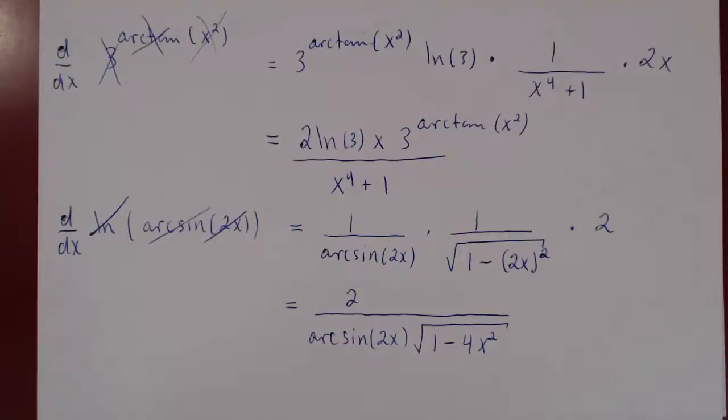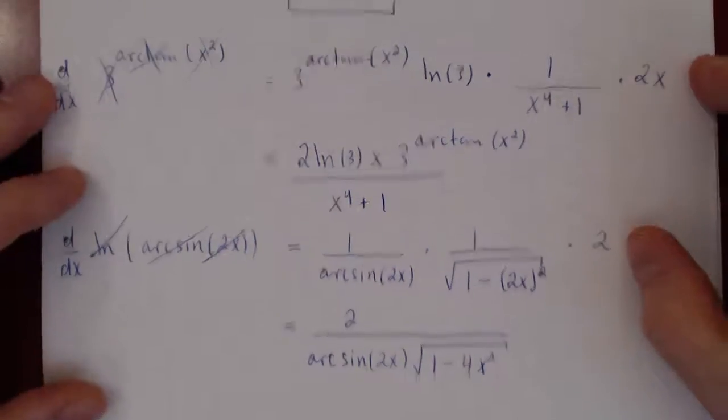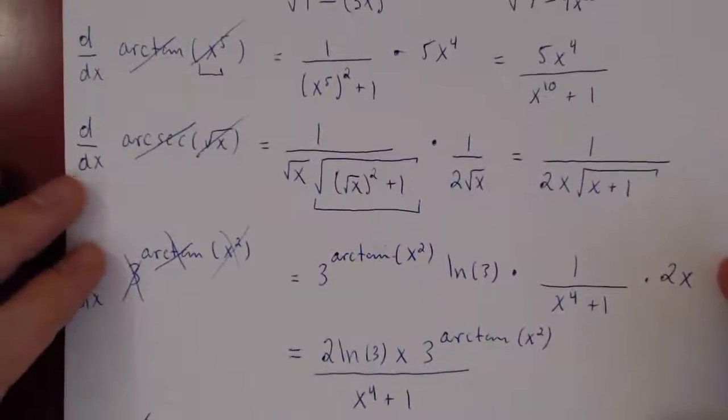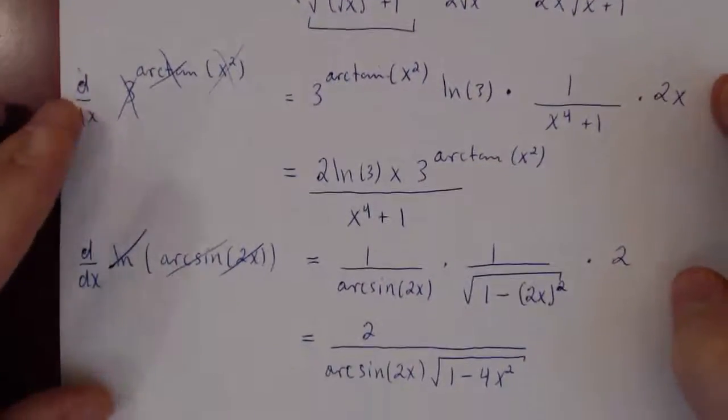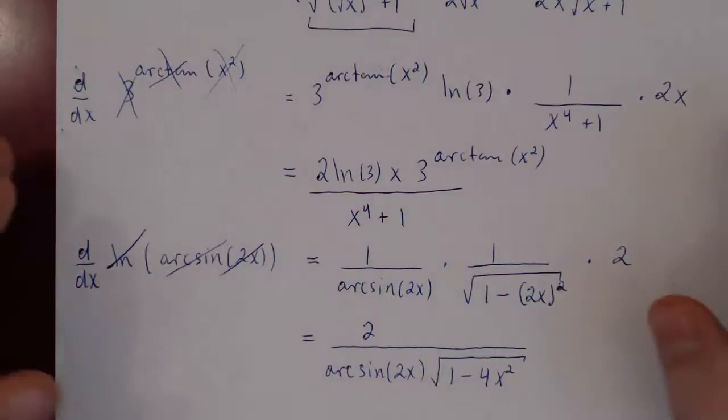So this is how you use the rules of differentiation for inverse trig functions in the context of differentiation. Now, one question is, what if we have, and again, if you had, say, a product or a quotient, you would use, of course, the product and quotient rule.